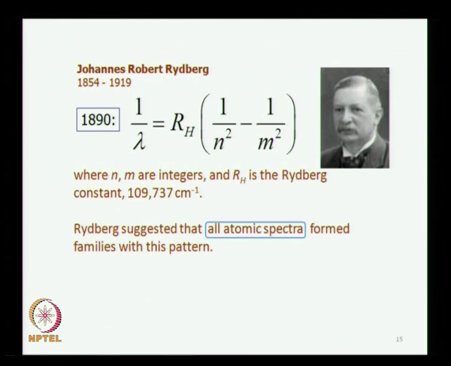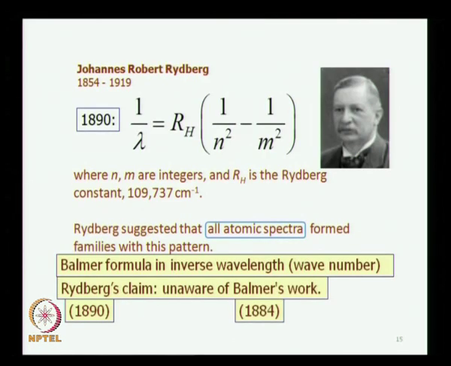Rydberg also discovered that these lines correspond to a certain formula, which is the Rydberg formula, which in fact is the same as Balmer's formula, except that this is for the reciprocal wavelength, and Rydberg got this formula quite independent of Balmer, although it came 6 years later, but great minds often think alike.